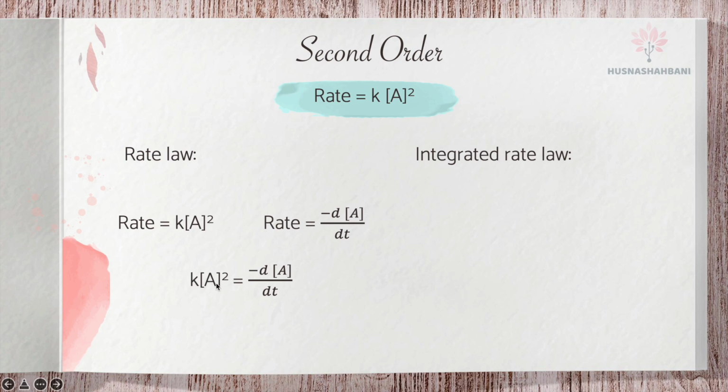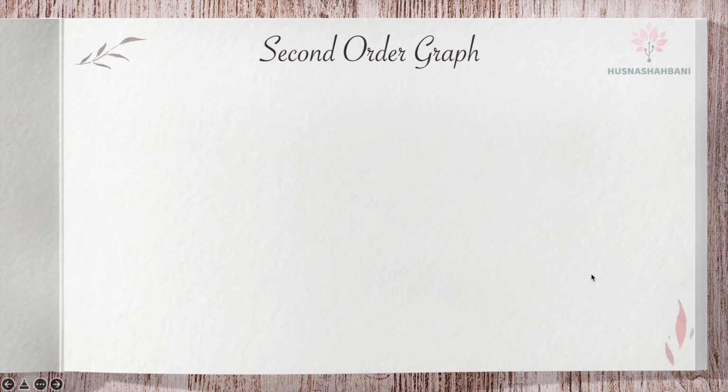So k[A] squared equals negative d[A]/dt. For the integrated rate law of second order, 1 over [A]t equals kt plus 1 over [A]0, where [A]0 is the initial concentration of reactant A. Rearranging the equation, 1 over [A]t minus 1 over [A]0 equals kt.